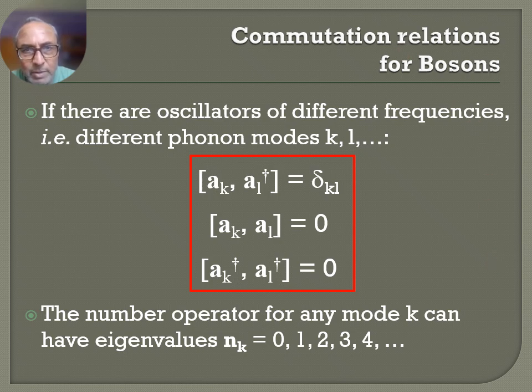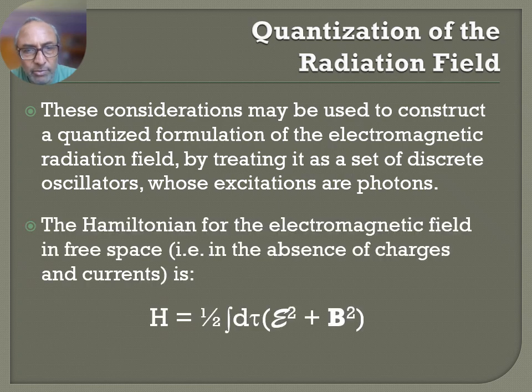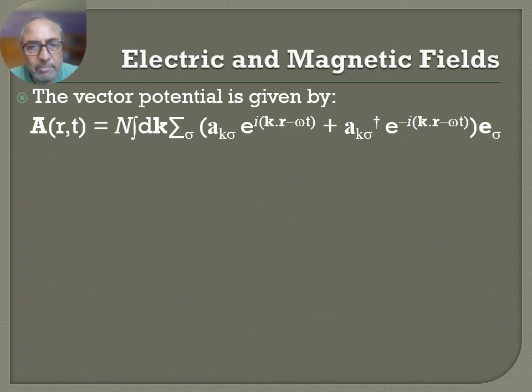integer eigenvalue. These considerations may be used to construct a quantized formulation of the electromagnetic radiation field by treating it as a set of discrete oscillators whose excitations are photons. As we have seen in an earlier episode, the Hamiltonian for the electromagnetic field in free space, that is in the absence of charges and currents, is given by H equals half integral d tau (E squared plus B squared).